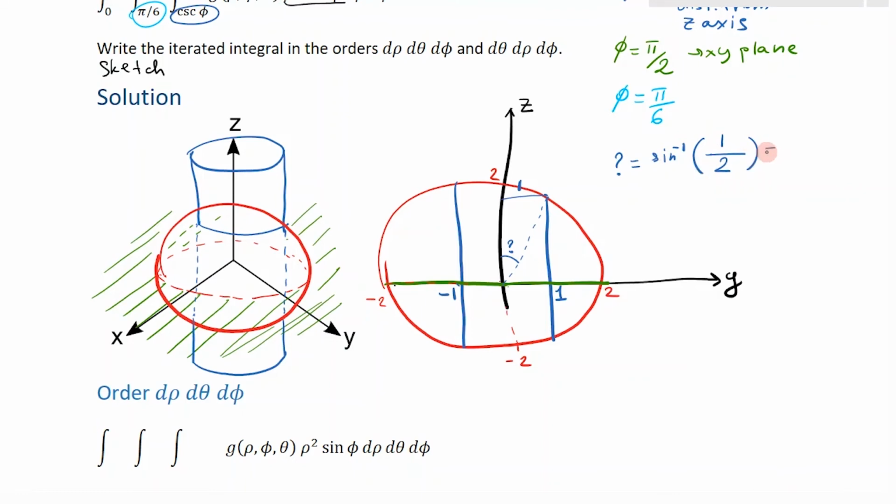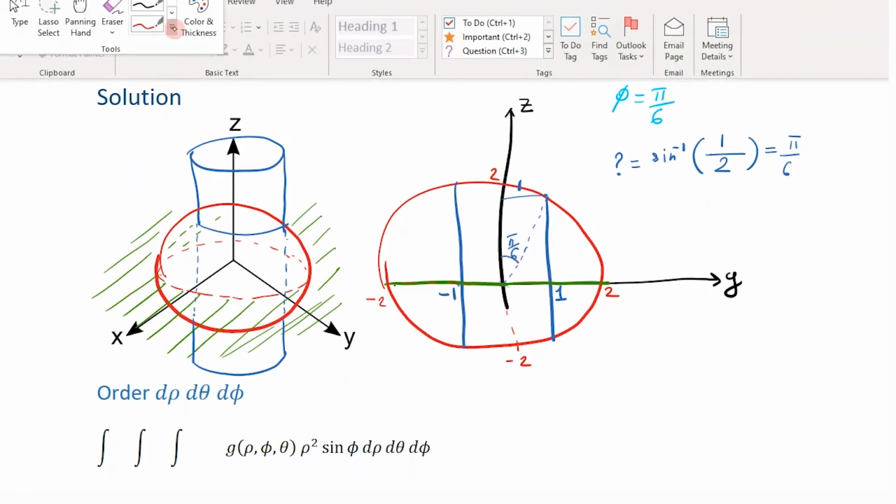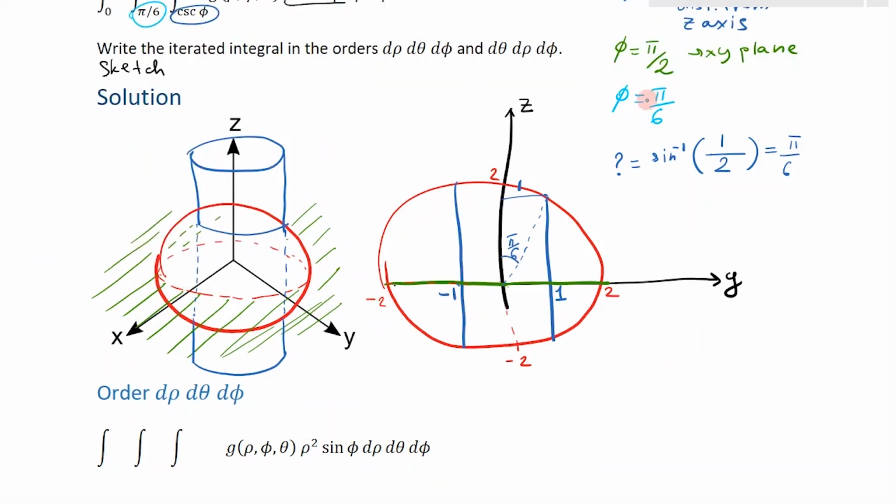This is equal to pi over 6, because remember, sine of pi over 6 is equal to 1/2. So this means that this is actually pi over 6, and this is good news because it makes the shape slightly simpler to draw, because this wonderful cone will pass exactly through this point. And same thing here, and here it will look like this.